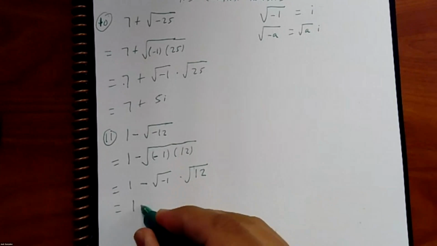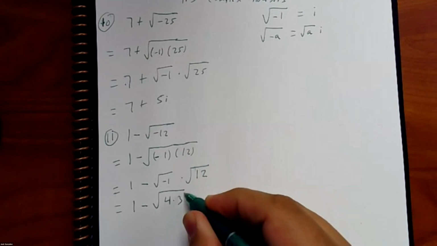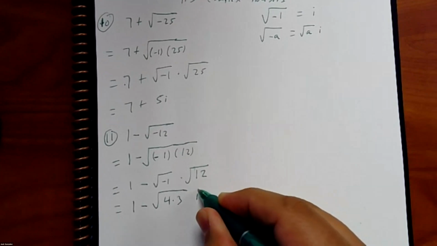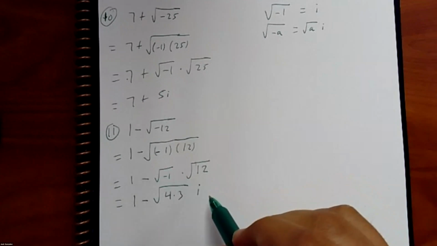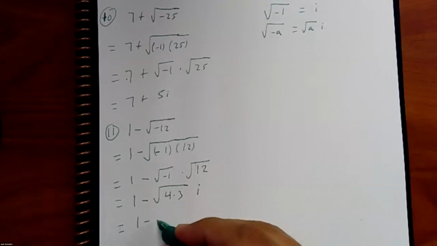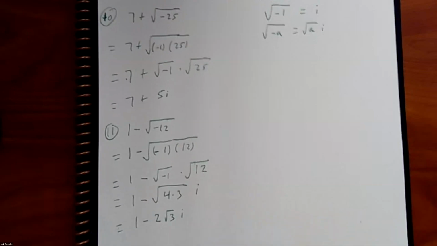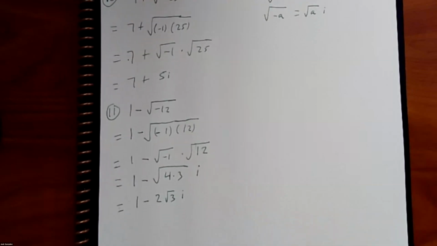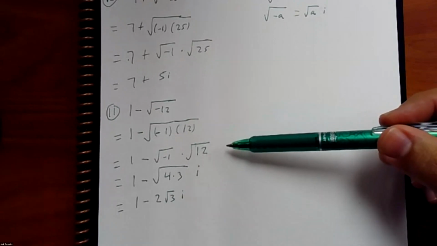This becomes 1 minus the square root. Remember, we want to find squared numbers, so break it up into 4 times 3. The square root of -1 would just be the i, so put it at the end. So this becomes 2 square root 3 i. Are there any questions on this example? Do you remember the simplification for radicals?